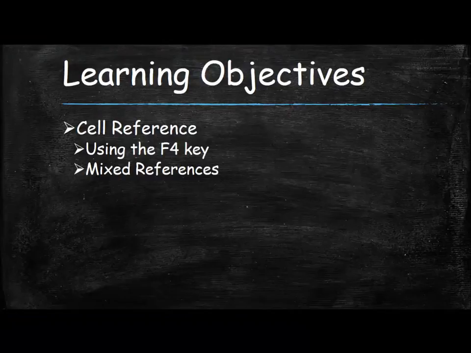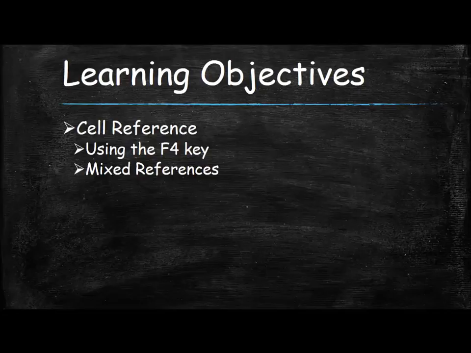So we took our concept of cell references where we started with the very basic relative reference and we moved into the absolute reference, and now what we've done is we've found the middle ground between the two with what we call a mixed reference, and we're only changing one part of it. Now again, whenever we're using any one of these references, this is when you're using it to copy a formula.